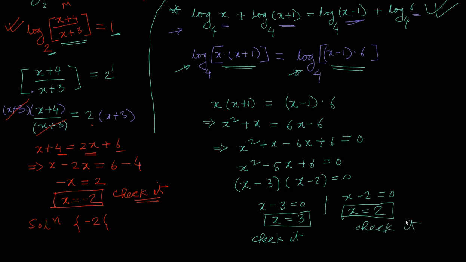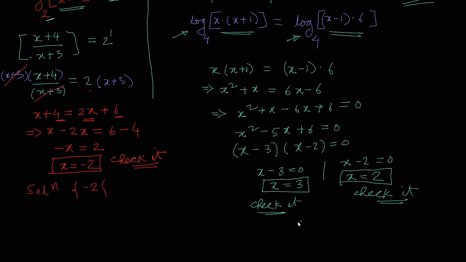Okay, so if you check both numbers in this equation, you are going to find that both numbers work. So finally what can I say, what is going to be my solution? So my solution is x equal to 3 and x equal to 2. All right, so this is my final solution for this particular problem.